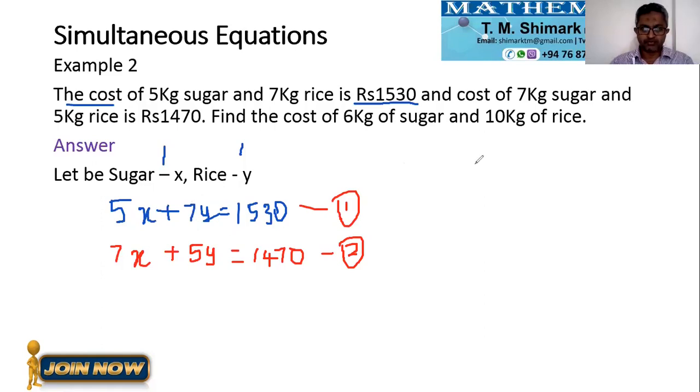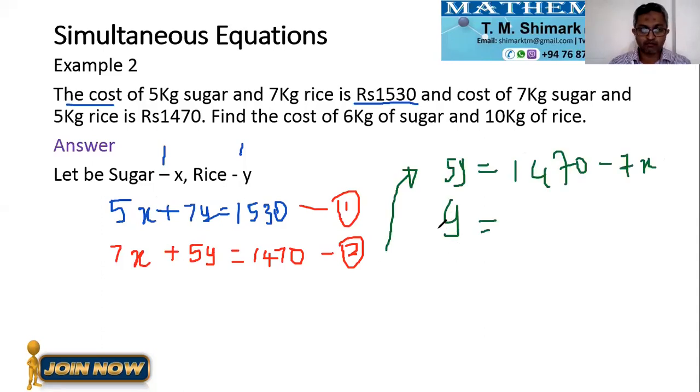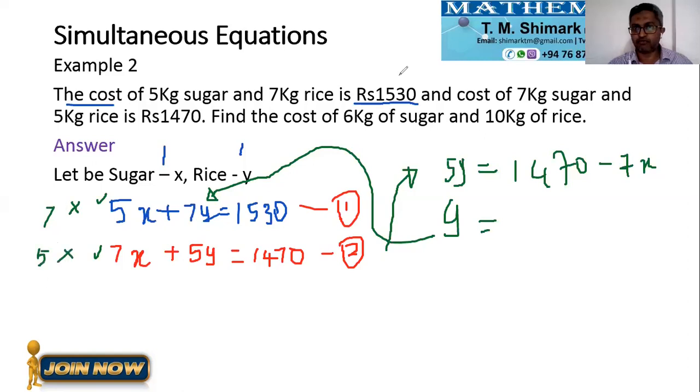If we use the substitution method and take y and replace it here, it is a very long way, we don't want to use that. I think I can eliminate x by multiplying this by 7 and this by 5, that is one way, but I don't like it because it's a big number. But I have some other way.